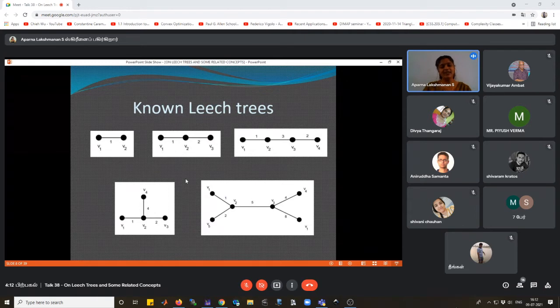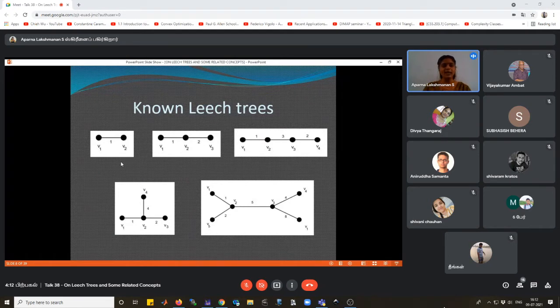These are the 5 Leech trees given by John Leech in his first, pioneering paper. And till date, we are not able to find any other Leech tree. What is expected is that these are the only 5 Leech trees. So that is an open problem, or maybe I can say the Leech tree conjecture. Prove that these are the only 5 Leech trees.